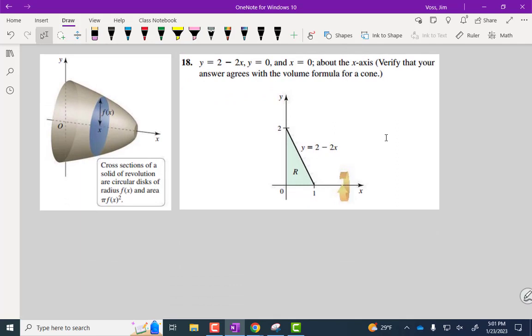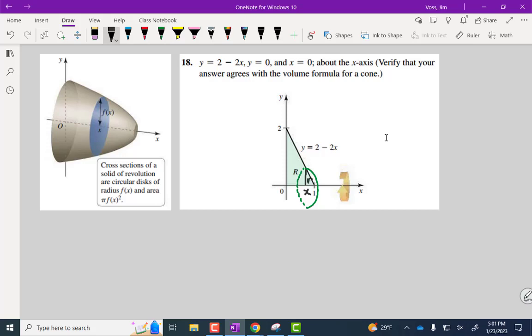So if we look at this triangle here, and we draw a vertical element at a random x and rotate around the x-axis, we can see all these disks. This thing is going to rotate around and create a disk right there. The radius of that disk is exactly whatever the function is at that x value.